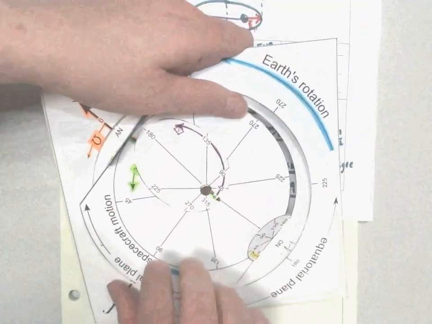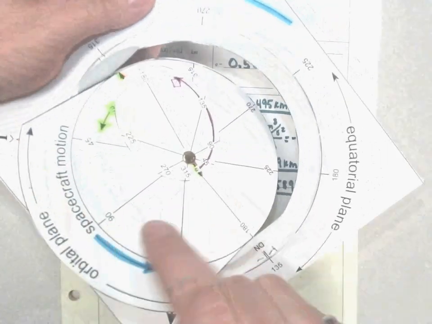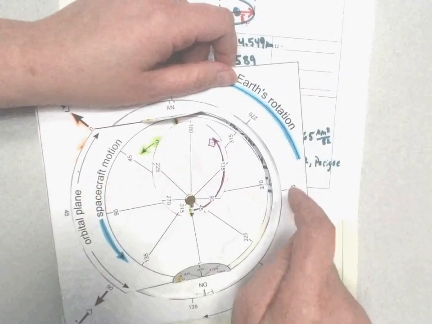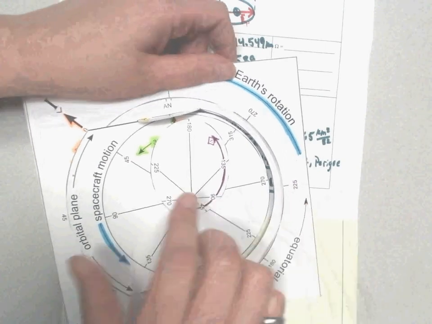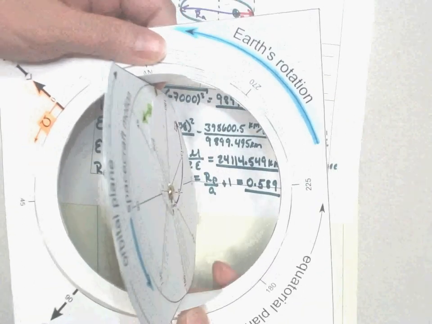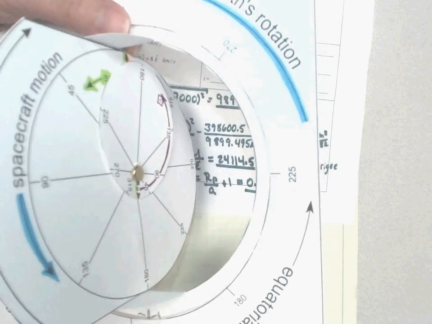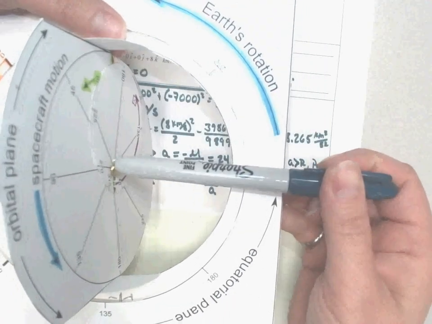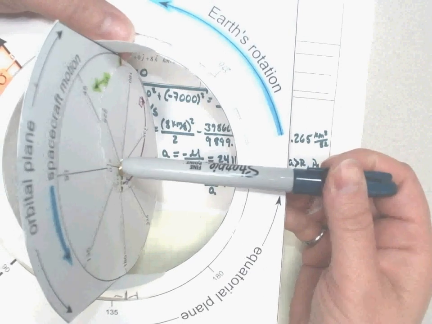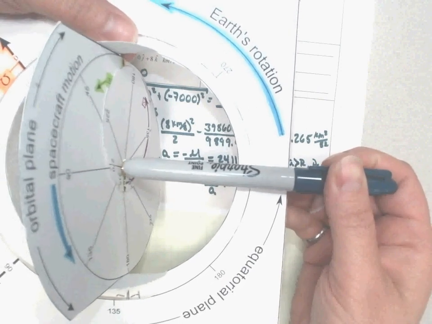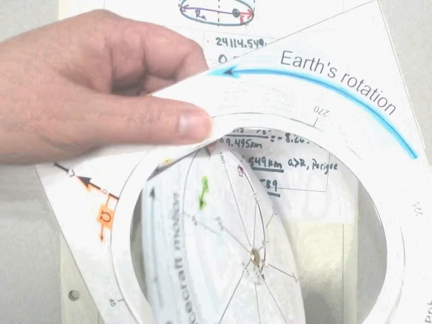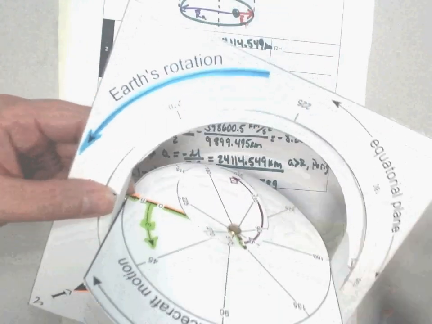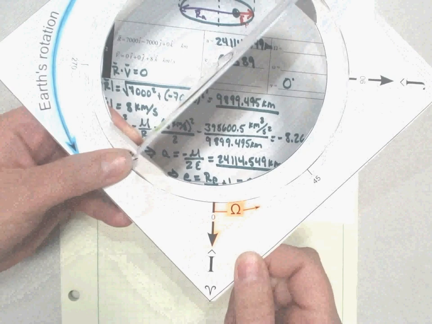So I want to spin my whiz wheel until my thumbtack points to where my thumb was pointing. I want my thumbtack to point right here, straight here. So to do that, I have to turn it so that my thumbtack is pointing straight right there. In doing so, I have already solved for my RAN and my inclination.